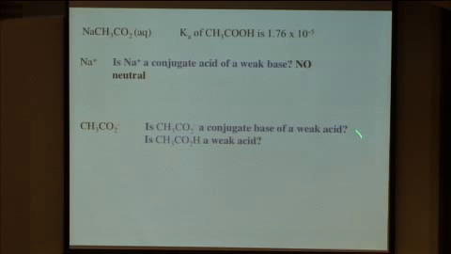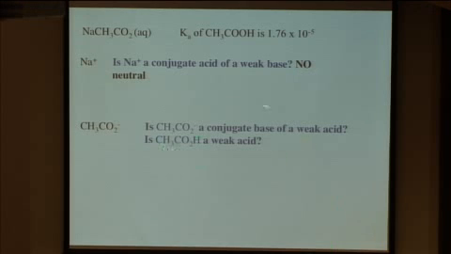All right, so we can ask the same question about CH3COO minus. Is it a conjugate base of a weak acid? So then we can say, is the acid that it came from a weak acid? Well, how do we know about that? We know about that from the Ka value that I gave you. So is this a weak acid? Yes.